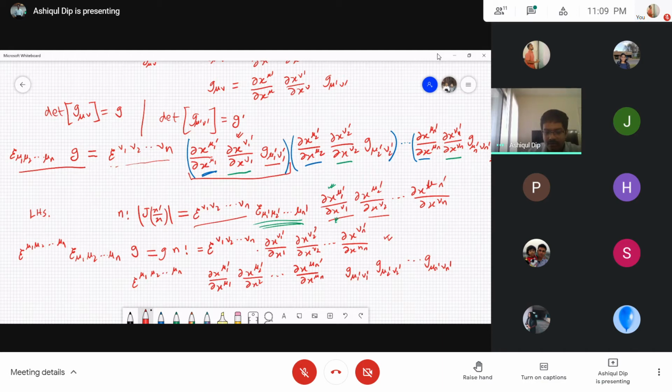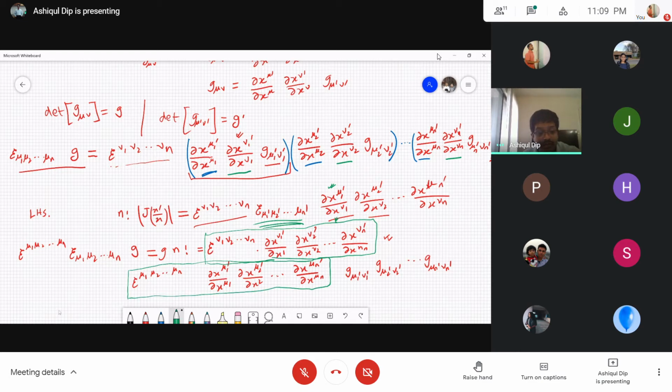This term, let's make a box over there. So this term I'm talking about first has started to look like something multiplied by the determinant of the Jacobian. Also, this part has started to look the same.